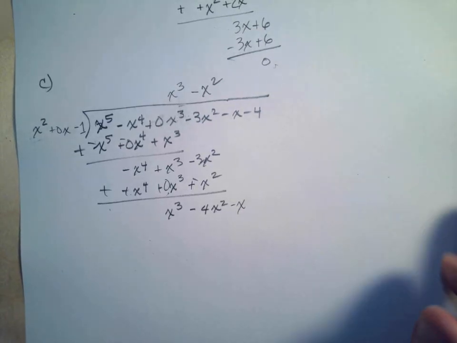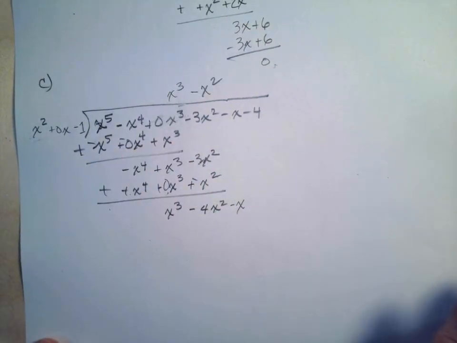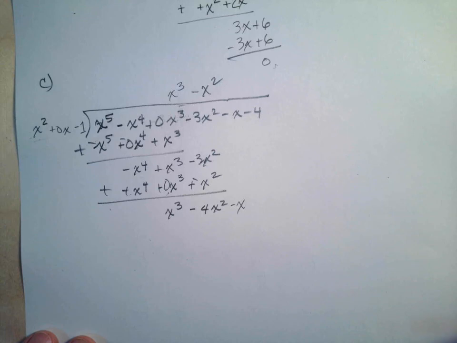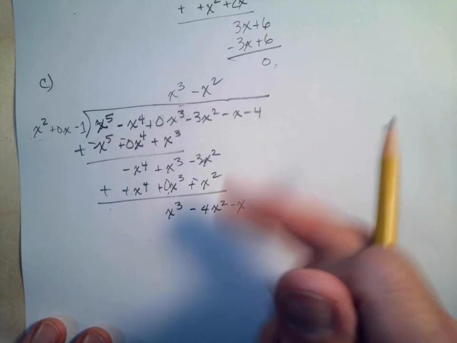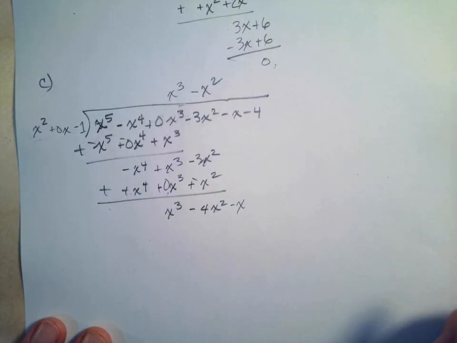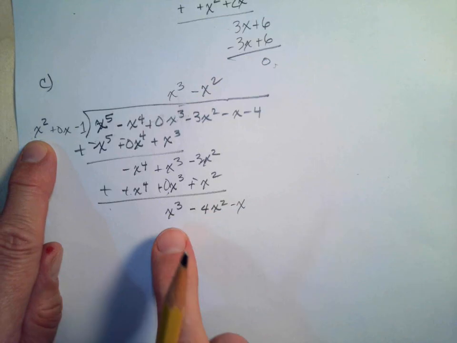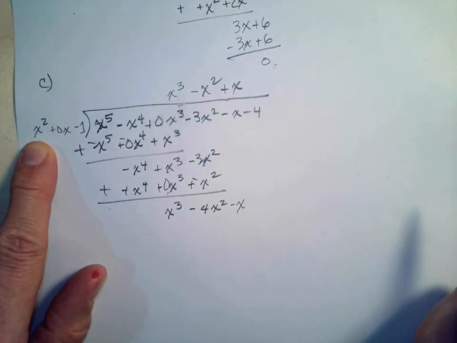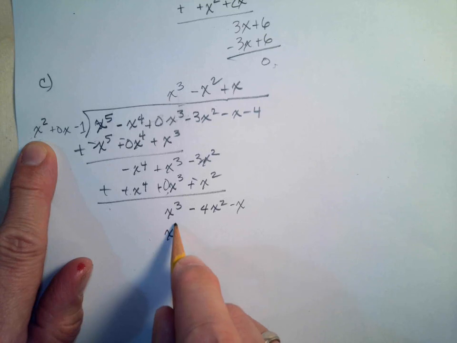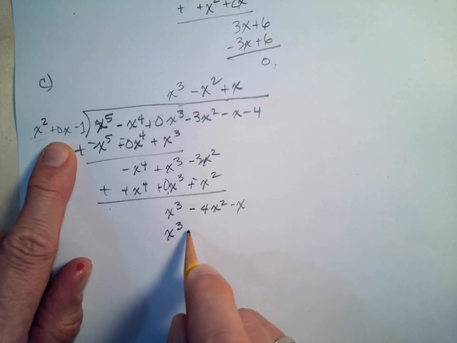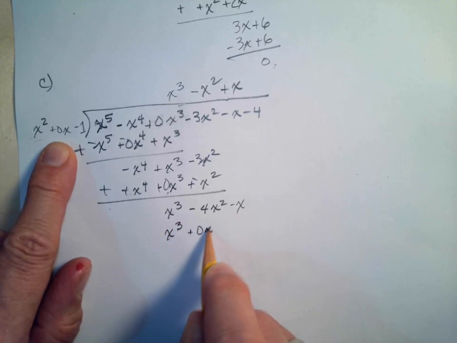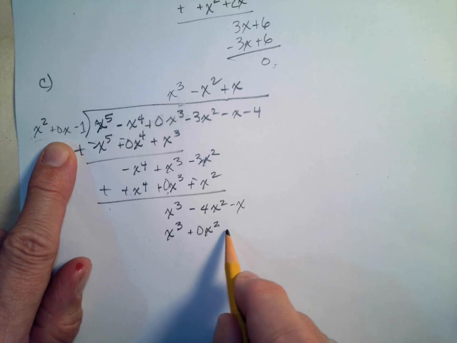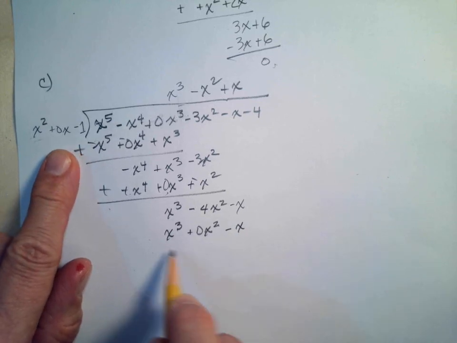So again, this is a little bit more tedious because there's a lot of terms up here. 6 terms, so four times we have to go through this process. Okay, x squared times what gives me x cubed? That's just x. And I multiply. I get x cubed. I get plus 0x squared. And I get negative x.